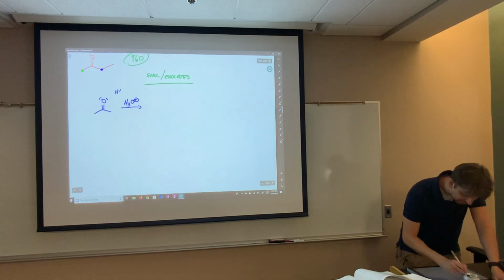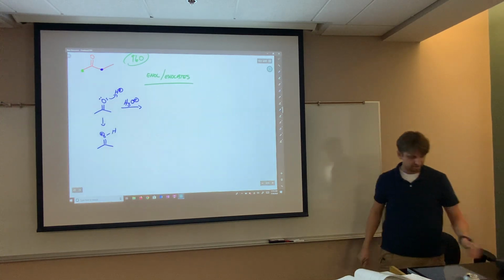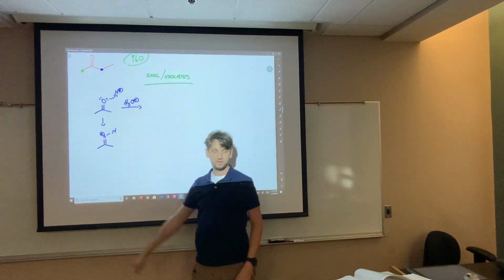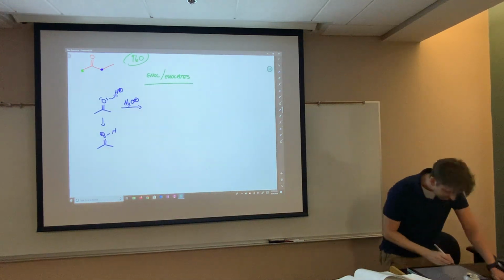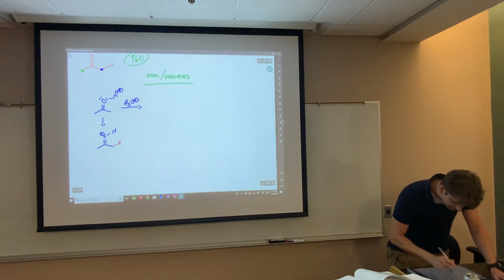We've got some kind of acid, we'll just shorthand it as H+, even though I don't like doing that, but I'm feeling kind of lazy today, so pardon my laziness. So we protonate the carbonyl oxygen, and what can happen is this.